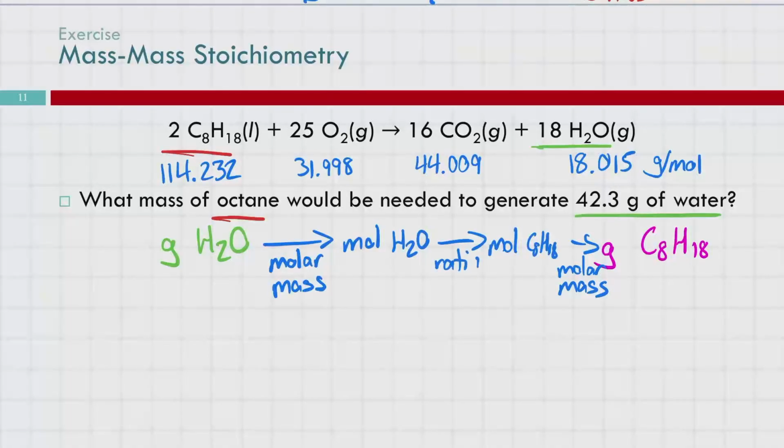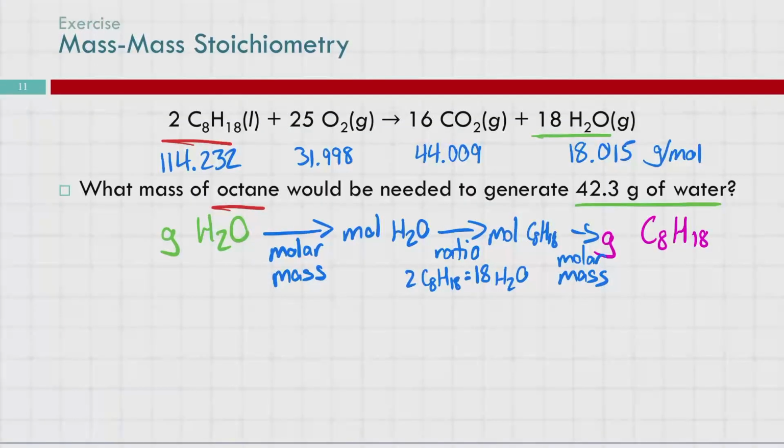So stoichiometry, again, just a fancy word saying our ratio of the 2 things that we care about. In this case, it's 2 C8H18 to 18 H2O. Any questions about our solution map? Again, this is a really common solution map. It's often grams to moles to grams.